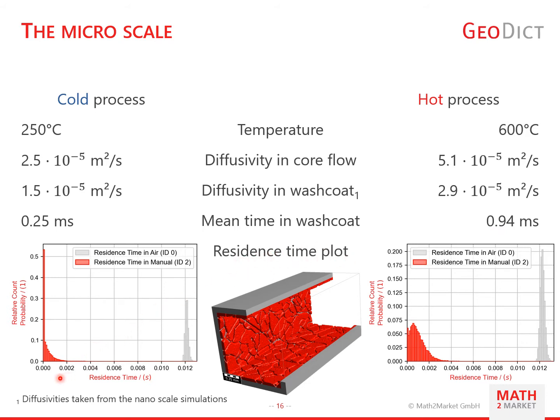In our cold process, we have a high peak at the 0 mark for our residence time, which means that we have many molecules that did not even enter the Washcoat at all, so there's no reaction possible for them. In the hot process, we have much fewer molecules which have never seen the Washcoat. So here our peak is moved more or less to the right of the residence time. Longer residence time means better reaction.